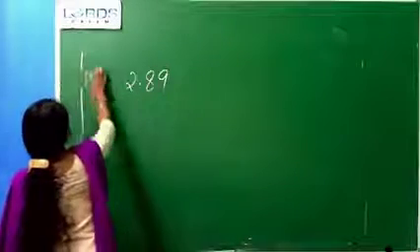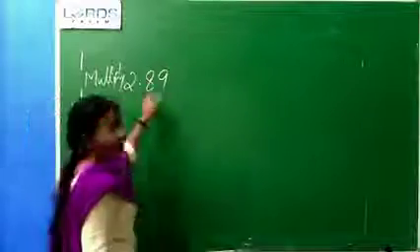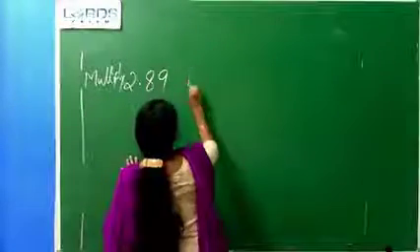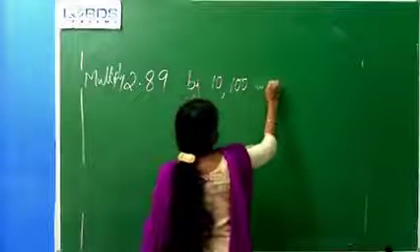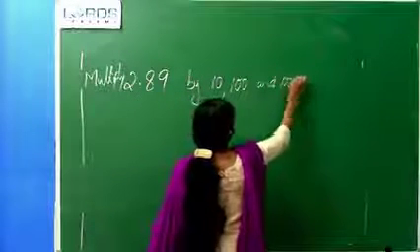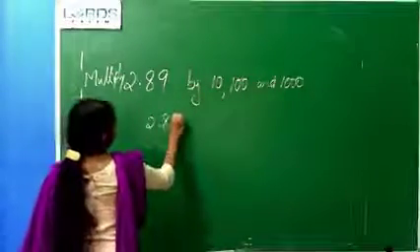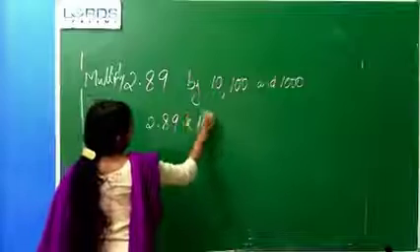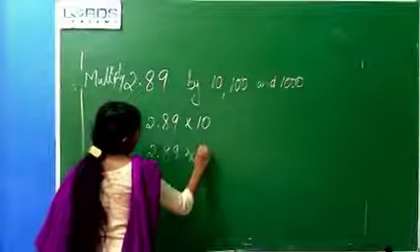So the question we can write it like that. Multiply 2.89 by 10, 100 and 1000.